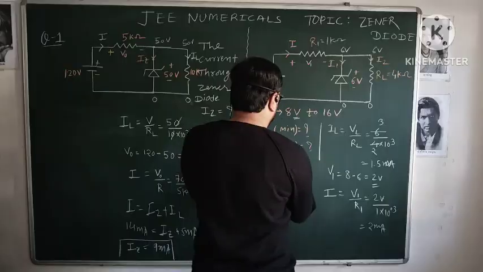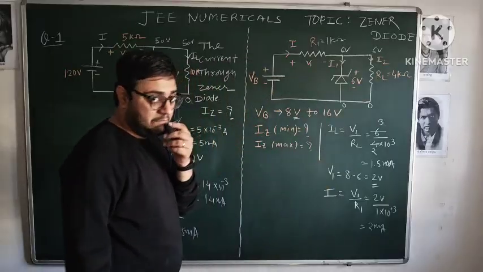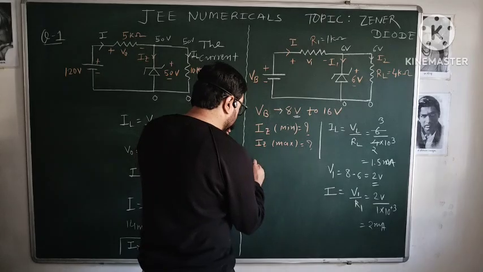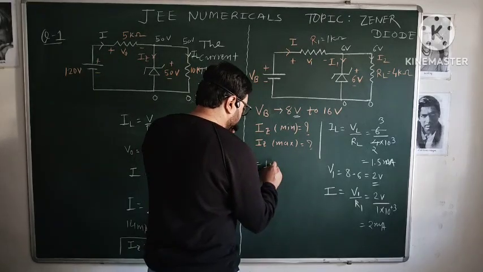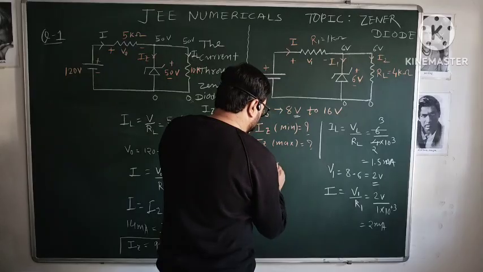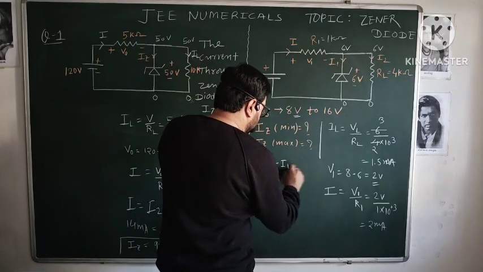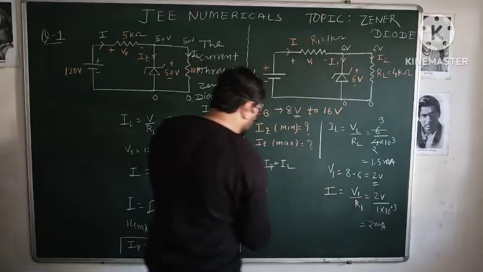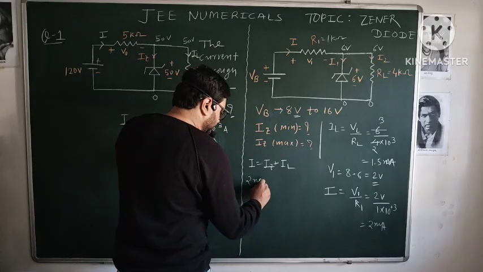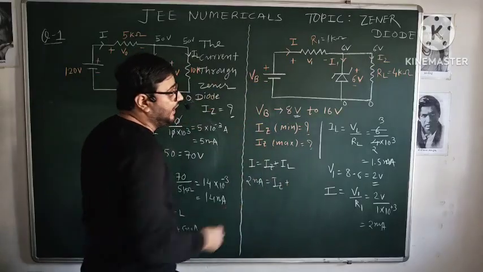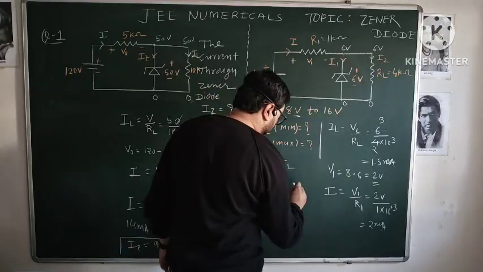Now we have to find the current through the Zener diode at minimum. Here we can write clearly I is equal to IZ plus IL. I is 2 milliampere, IZ we need to find out, and IL is 1.5 milliampere.